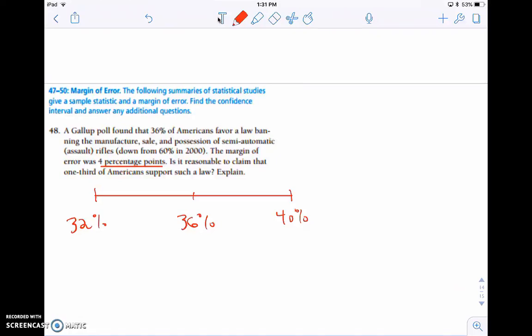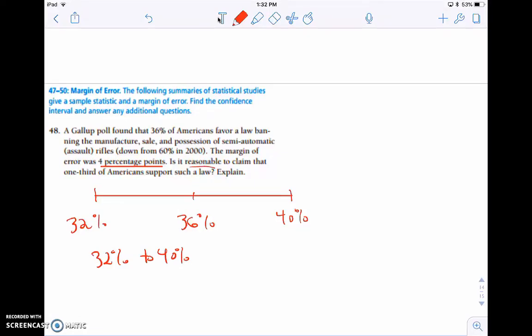We don't know the exact confidence level here because we're not given everything, but we have some confidence that the true parameter is somewhere between 32 and 40%. So we would say 32% to 40% is where we believe the true parameter lies. And is it reasonable at the end here?